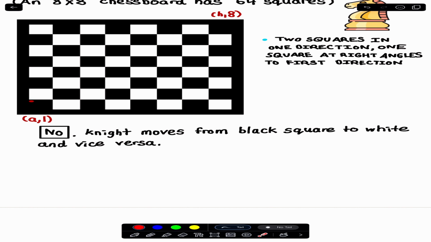So in our example, if the knight starts here on this black square, after a move, it's on a white square. Doesn't really matter which one, but the important fact is it's on a white square. And then from a white square, whenever it has to make a move, whether it's this, or this, or this, or this, we notice that after a move, it will be on a black square.